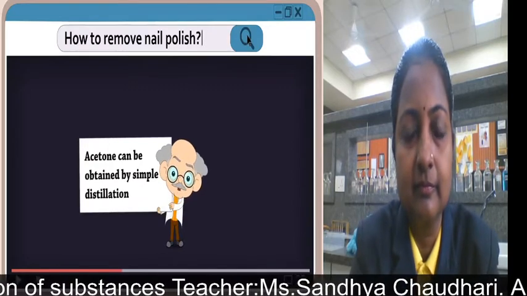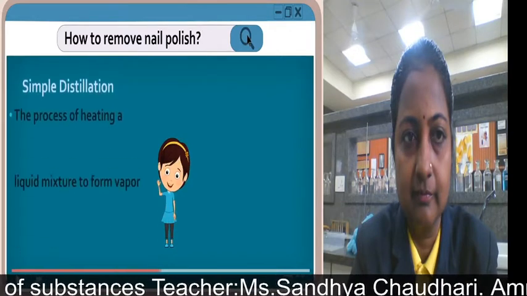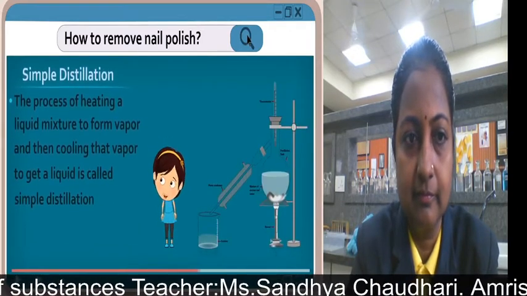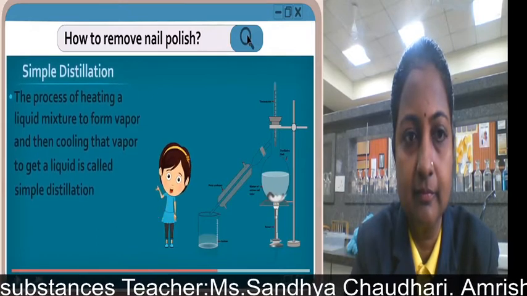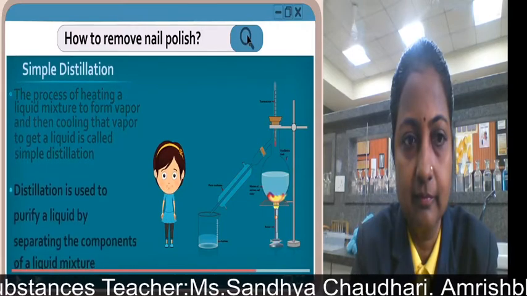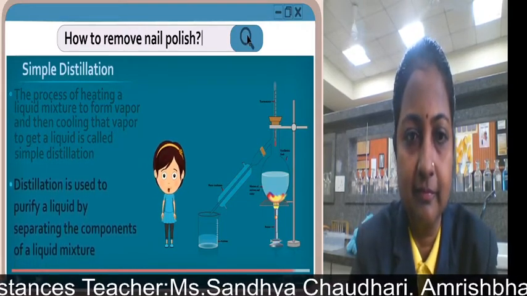Acetone can be obtained by simple distillation. The process of heating a liquid mixture to form vapor and then cooling that vapor to get a liquid is called simple distillation. Distillation is used to purify a liquid by separating the components of a liquid mixture.